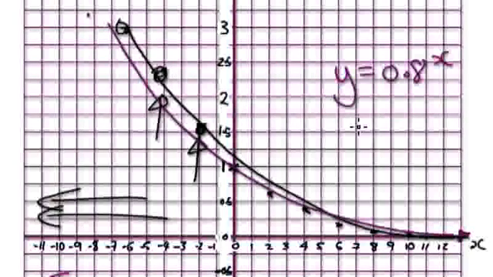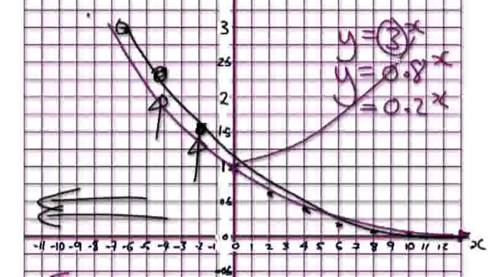It's also true if you have, say, 0.2; it will follow a similar path. If you have something like 3 to the power of x, because 3 is bigger than 1, it's going to grow each time. With something that's smaller than 1, it's going to decay.